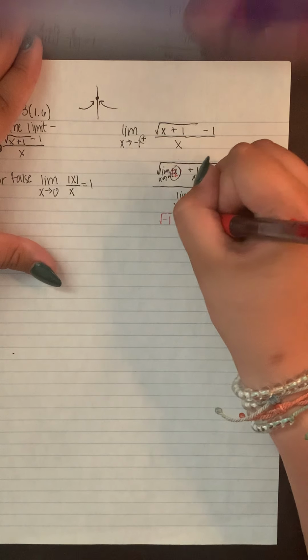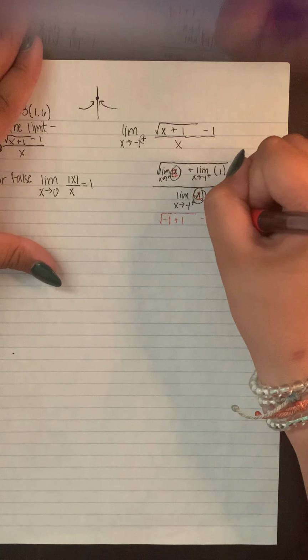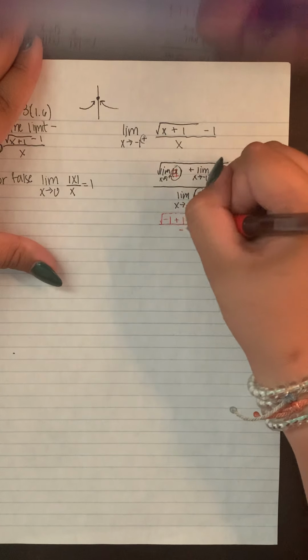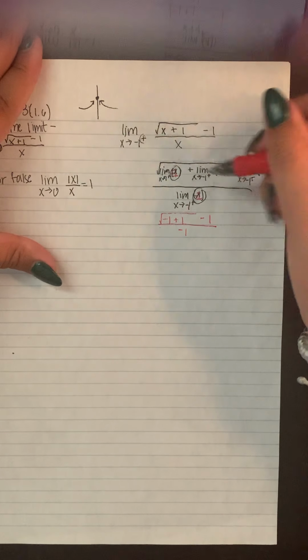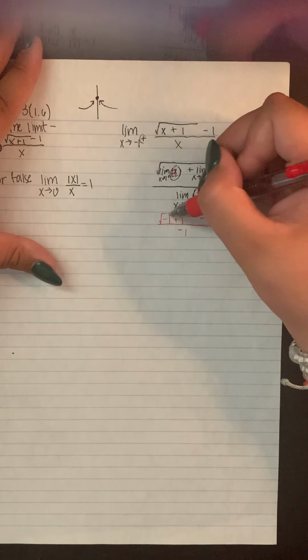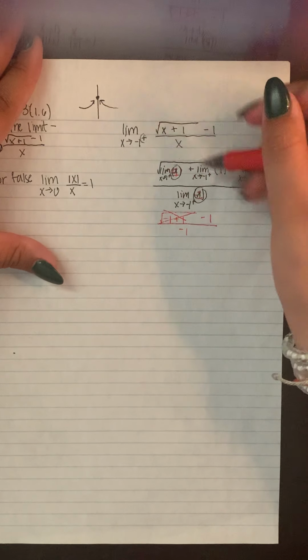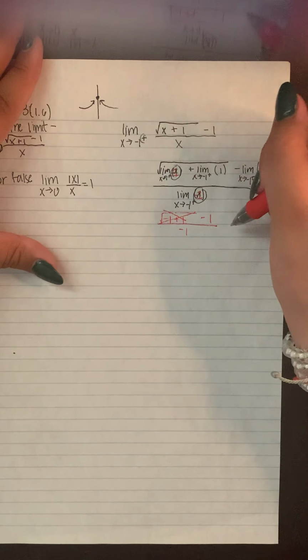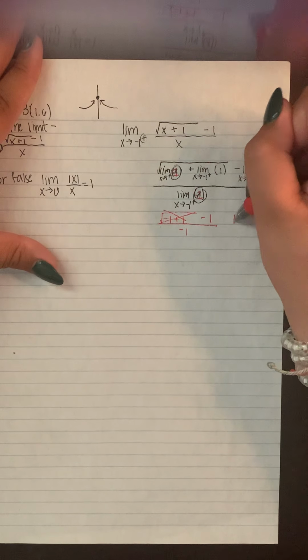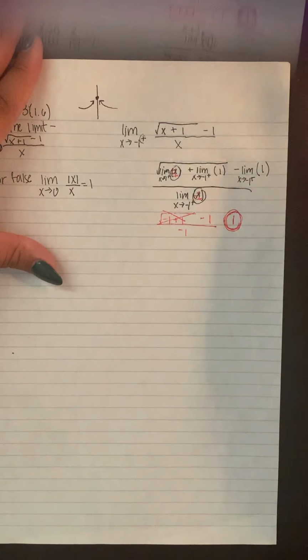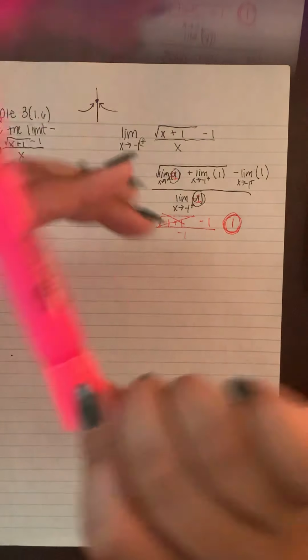Square root of -1 plus 1, minus 1, over -1. So if we simplify this, -1 plus 1 is 0. So the square root cancels. So it's -1 over -1. So the answer is 1. Just highlight that.